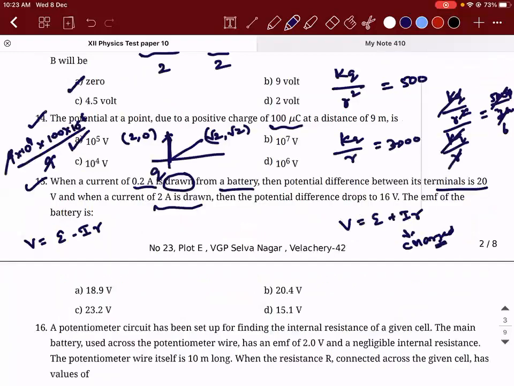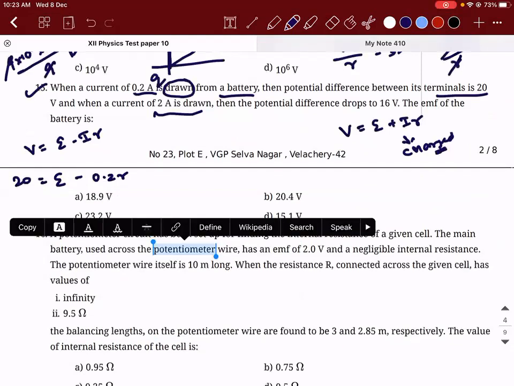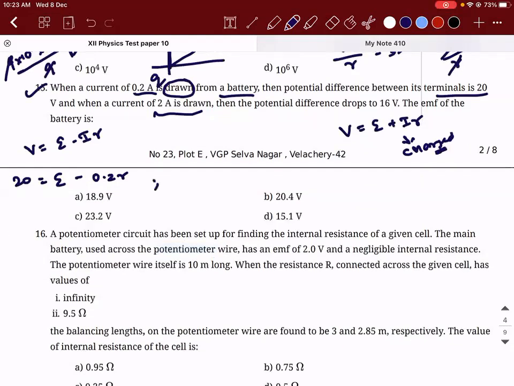Okay. So first case, 20 is equal to E minus, what is the value of I? 0.2 into R. In the second case, 16 is equal to E minus 2 into R. Correct? So multiply the first equation with 100.